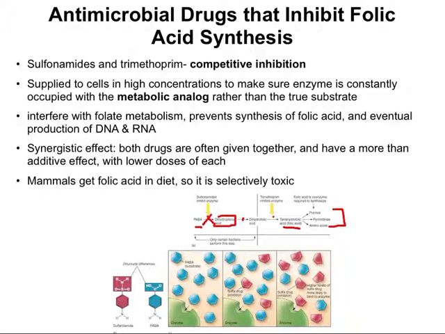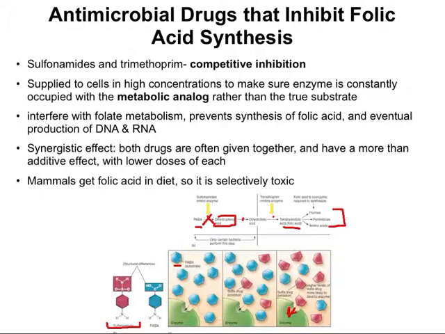And it basically comes down to the enzyme is supposed to pick up PABA, but sulfonamide looks very similar to PABA in its docking region, and so it's absolutely capable of going into the active site. The more sulfonamides that are present, the more of them bind into the active site, and thus the more inhibition there is for the production of folic acid.